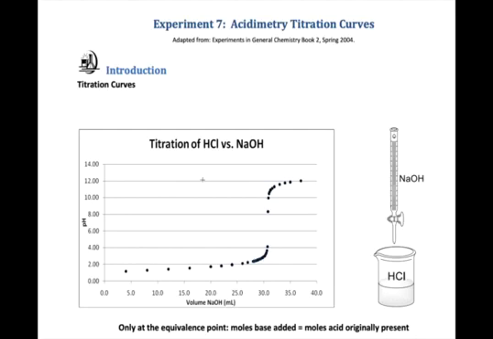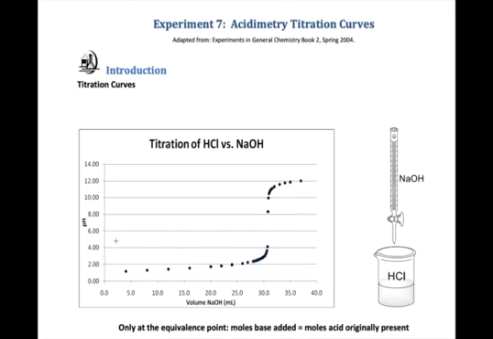Let me describe how this changes a little bit if we're now titrating a weak acid with a strong base. The weak acid, if it's at a similar concentration of around 0.1, will have a higher pH because it's not completely dissociated. Let's say it starts at a pH of 3 or 4.